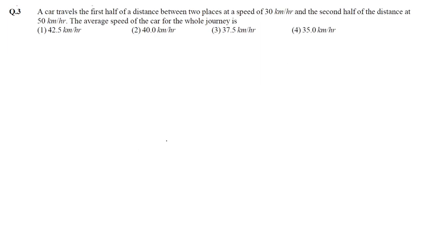A car travels the first half of the distance between the two places at a speed 30 km per hour and second half of the distance at 50 km per hour. The average speed of the car for the whole journey is. So for this we know the formula, that average speed of the car is equal to 2 v1 v2 divided by v1 plus v2.